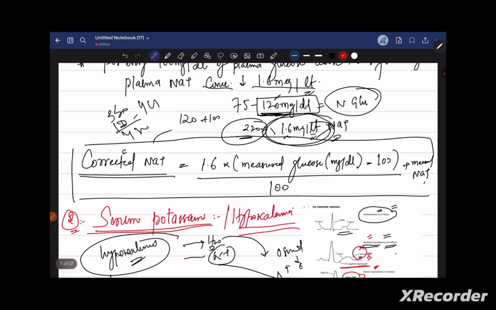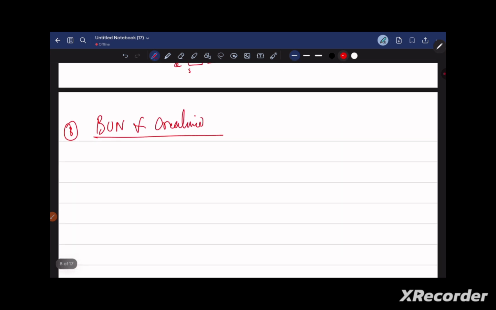Why? Because you know that because of the osmotic diuresis there will be dehydration. Whenever there is increased blood urea nitrogen and creatinine, there are azotemic conditions in the DKA patient.